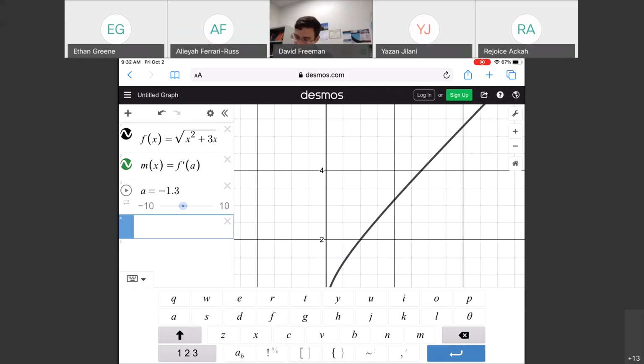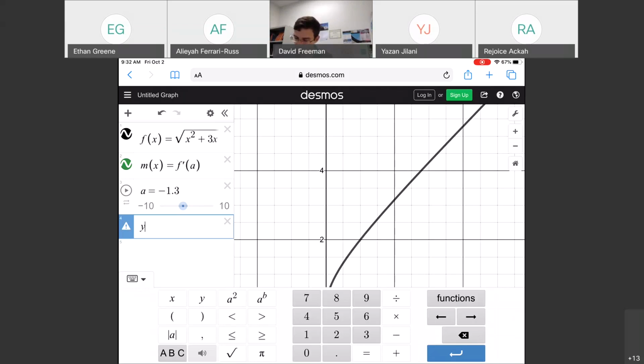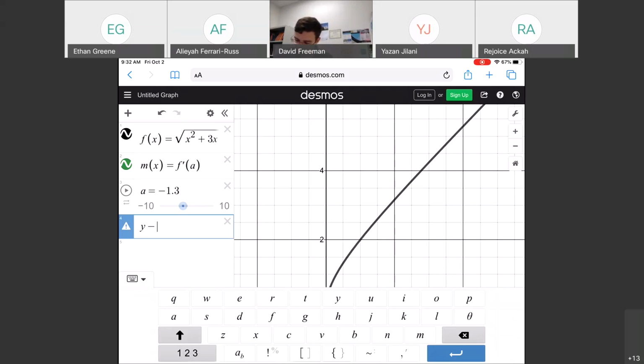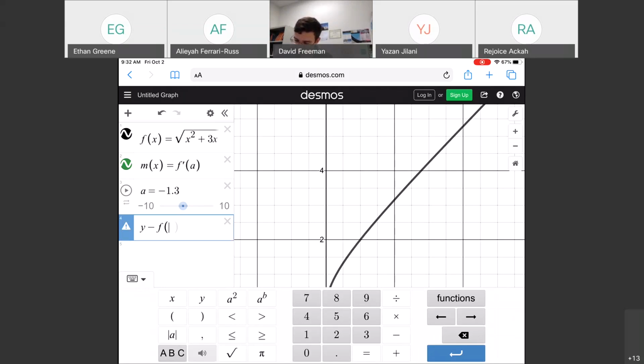So if I write down a point slope equation for the tangent line, let's see what it looks like. I'm going to do y minus f of a equals m of x, that's my slope, right?